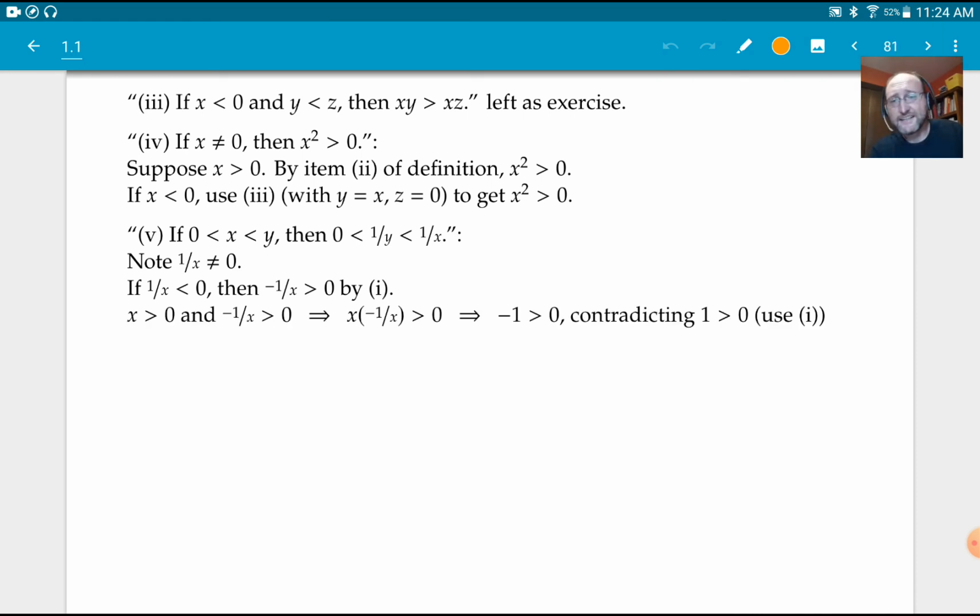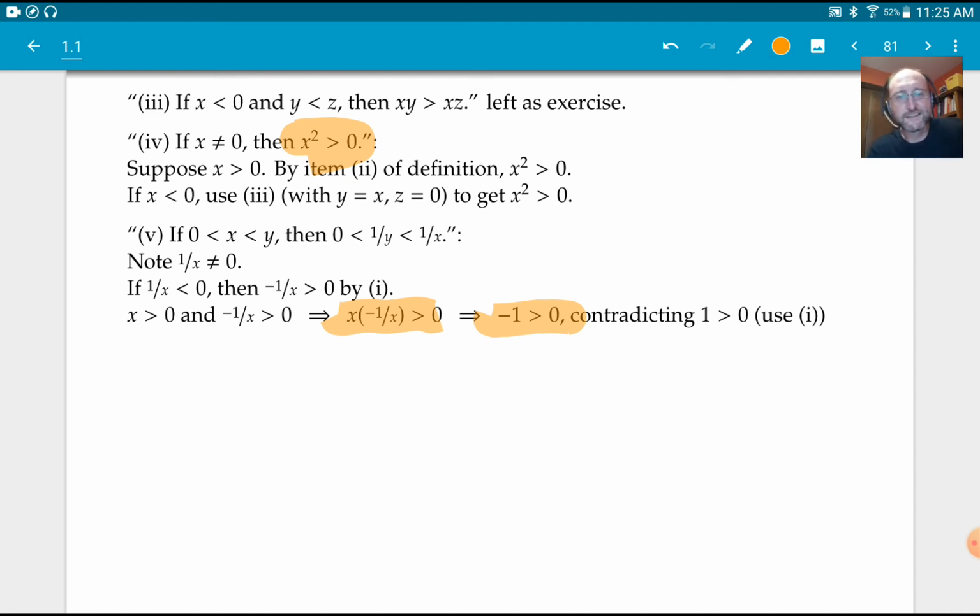So if I have x positive and minus 1 over x positive, if I multiply them together I should get a positive number. That means that minus 1 is bigger than 0, and that's going to contradict that 1 is bigger than 0, which followed from this. I just add 1 to both sides, for example.